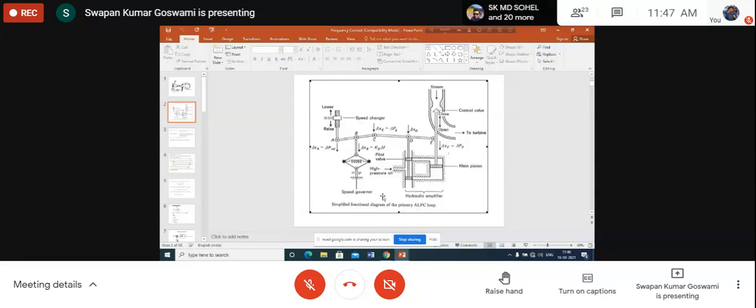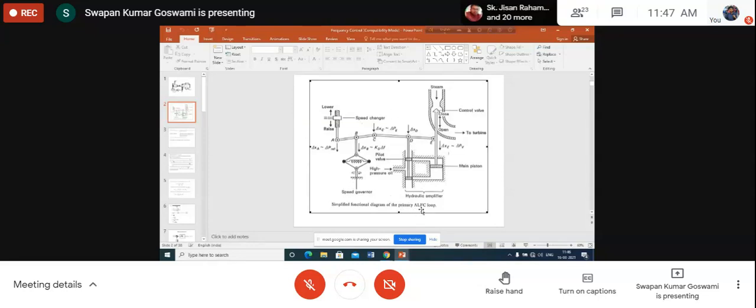ALFC basically means automatic load frequency control. Why is it automatic? That will be clear after some time. First we should discuss this, then you will see why it is called automatic.